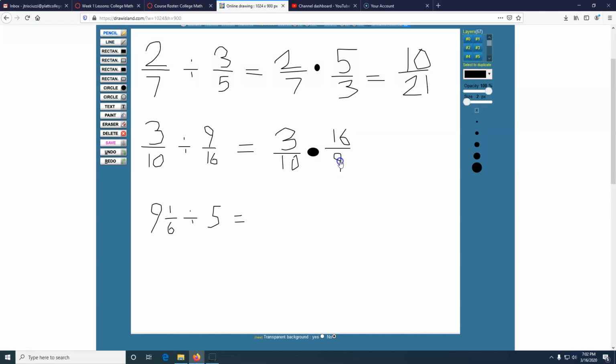And here we can see that we have common factors we can take out, a 3, and take out a 2 here. And we find our answer is 8 over 15.